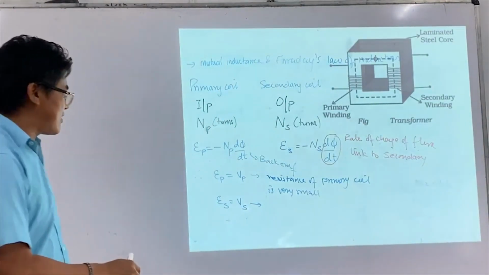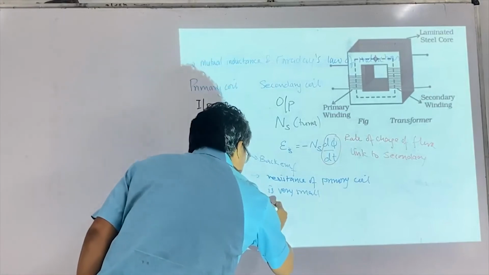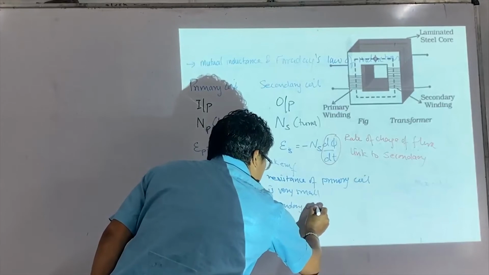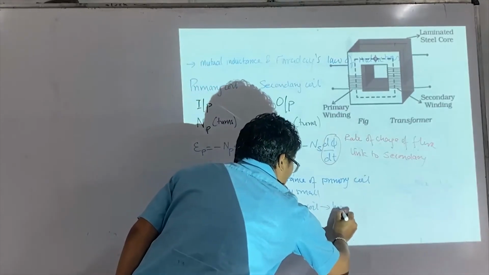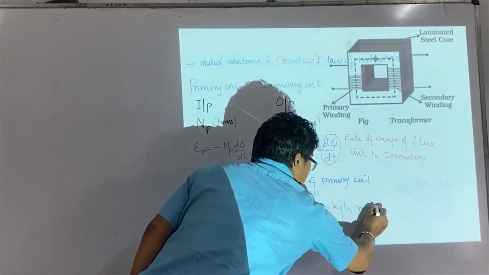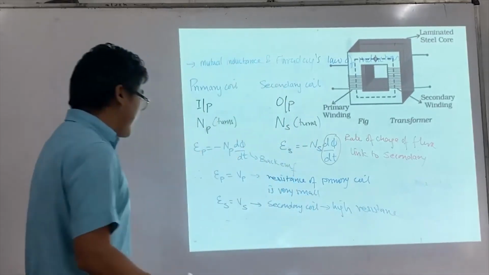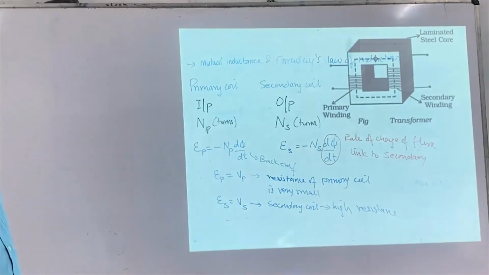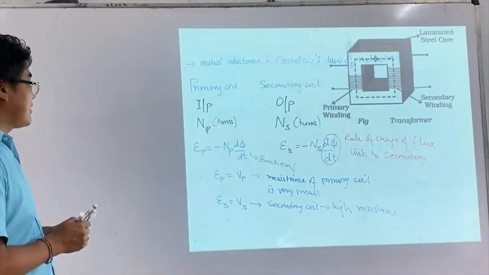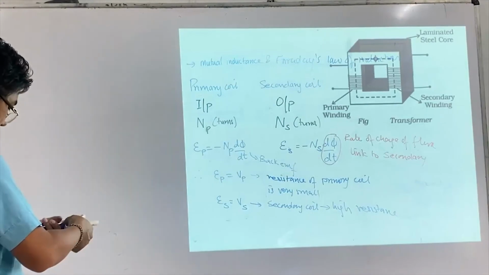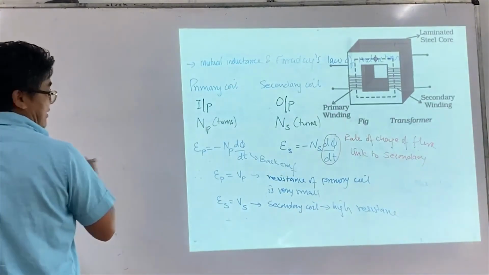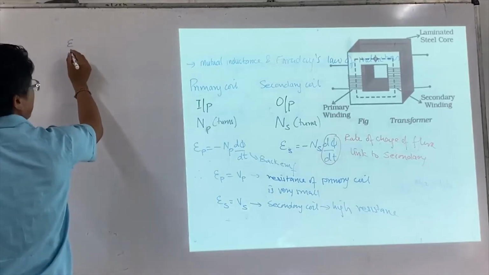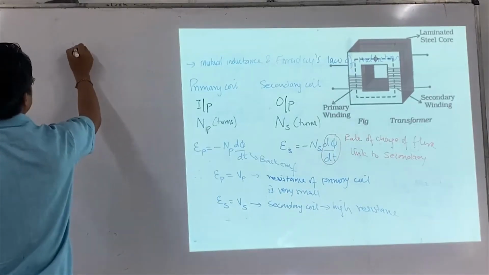Because the secondary coil is connected to a very high resistance, Vs is equal to ES. All right. So having this, I will write that. Instead of EP, I'll just write Vp.